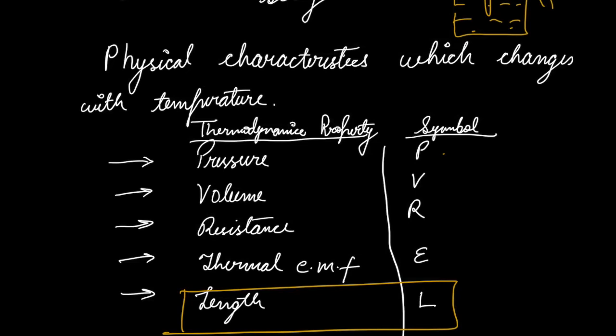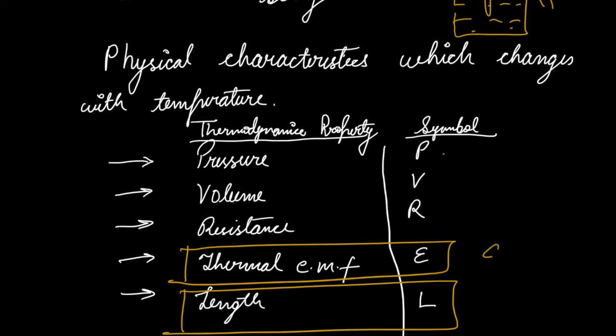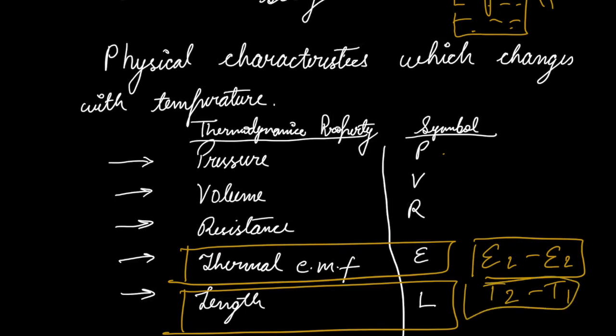The length is increasing and you are measuring that physical characteristic and relating that to change in temperature. Another device which measures temperature could be thermal EMF. So you see what is the potential of a body at one point, now you apply temperature to it, you study the potential of the body at the other point. So in terms of change in potential, you can calculate how much was the change in temperature. So this is how you measure using thermal EMF.